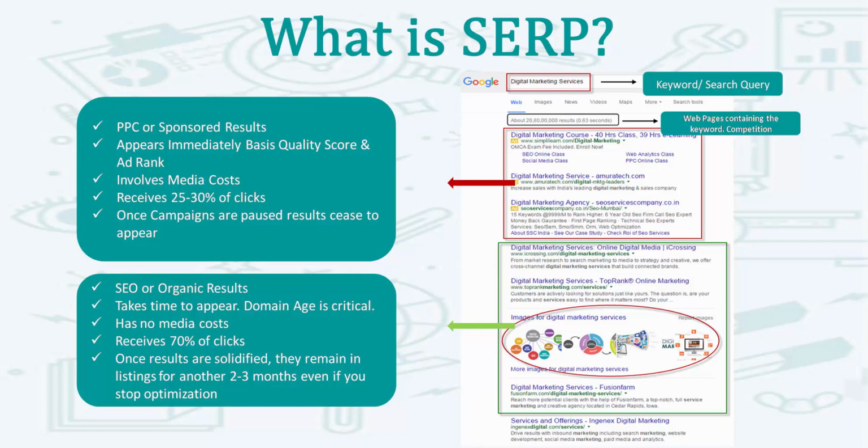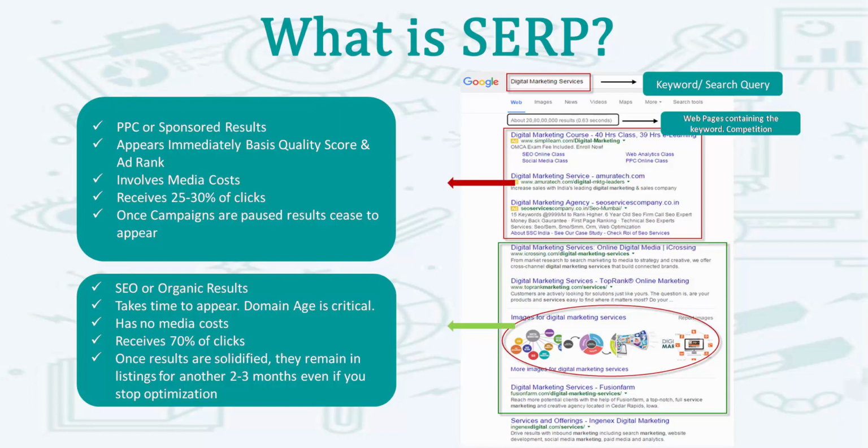While on SEM or pay-per-click, you could improve upon the bid for a particular keyword. Say digital marketing services is a particular keyword where you say, if I want a click to my landing page for this particular keyword, I'm going to pay 25 rupees. The content and the relevancy of the keyword to the content is not that great.